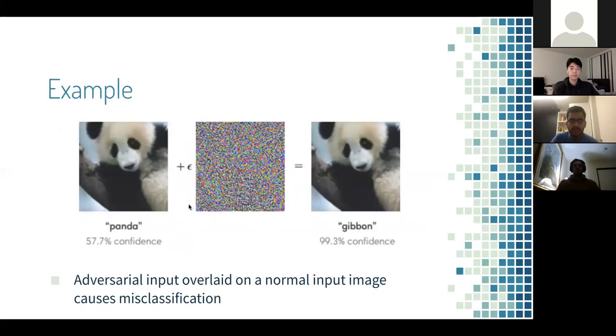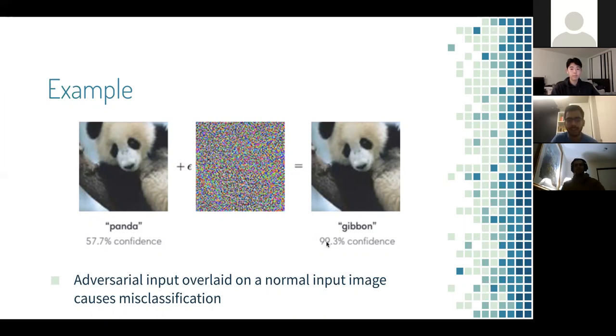So this is an example of what some people do. The original image on the left here would be classified as a panda with 57.7% confidence. And if you just add some cleverly chosen random noise, then your machine learning model will essentially predict that the image is of a gibbon. I'm not sure how to pronounce that, but anyway.